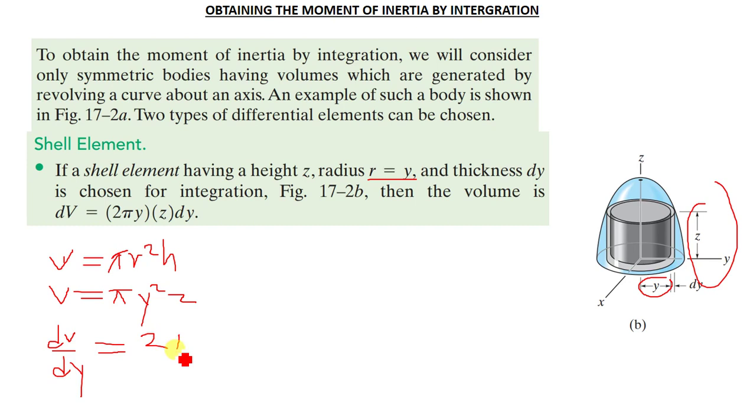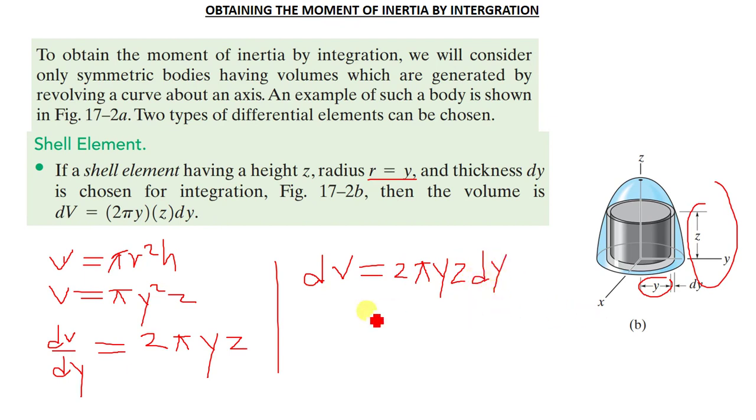So this is just going to be 2 pi yz, and when we cross multiply here, our dv is just going to be equal to 2 pi yz dy.